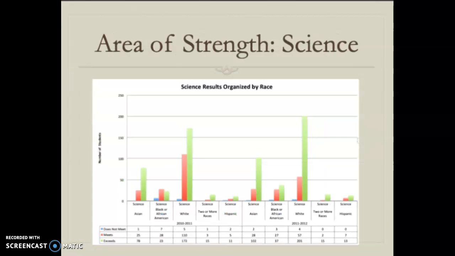The area of strength is science for FSA, and it was one of the subjects that has increased the most. The scores have been increased by 12.4. They did great both of the school years, but their best was obviously in 2012. All teachers need to do is tweak their teaching just a little bit in order to have a 100% exceeding rate.